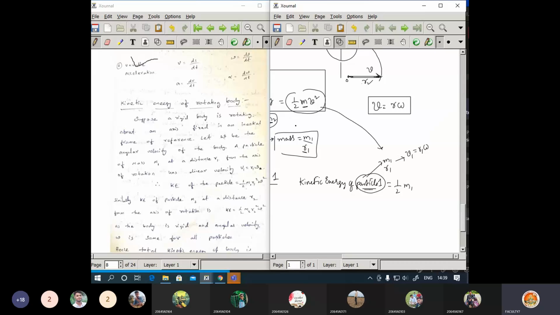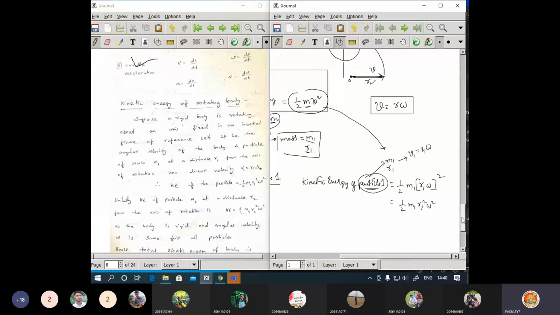Now complete the expression here. What will we write? Half m1 (r1 omega) whole square, so this can be given as half m1 r1 square omega square. This is the kinetic energy of particle 1.